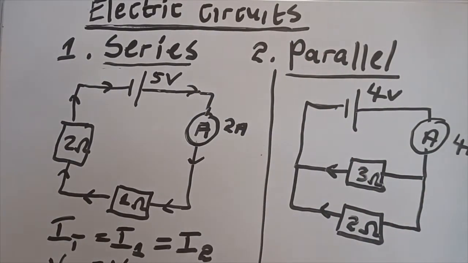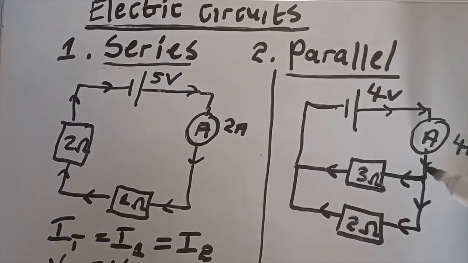Okay, so in a parallel circuit we have something interesting happening. When the current flows from the battery, this 4 amperes, when it reaches this point, it's going to split. A small portion is going to go to this resistor, then another portion is going to go to this resistor.